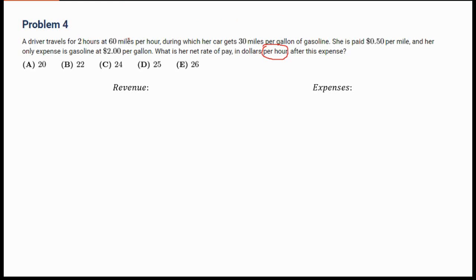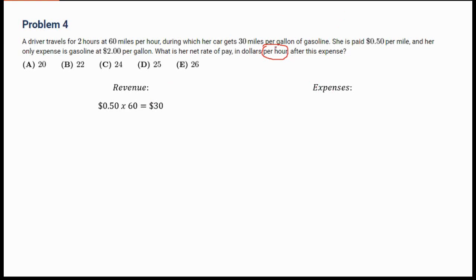Since we don't need to calculate anything new to calculate revenue, we will start off with that. The driver is paid 50 cents for every mile she travels. In 1 hour, she travels 60 miles, so she gets 50 cents times 60 equals $30 of revenue per hour. Now we can focus on our expense, gasoline. First of all, we need to calculate how much gasoline she uses.